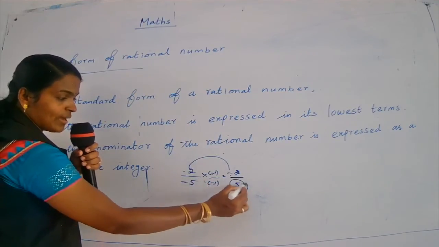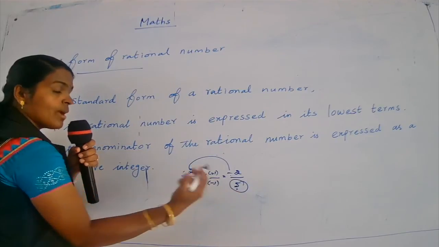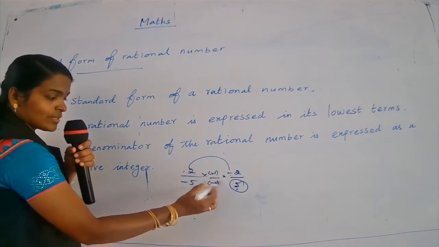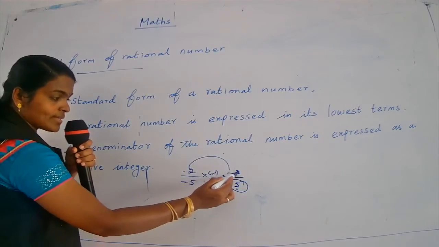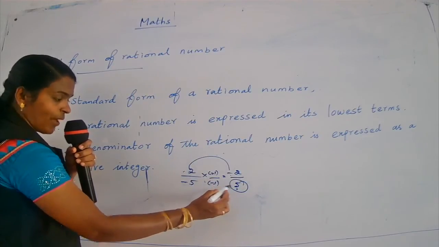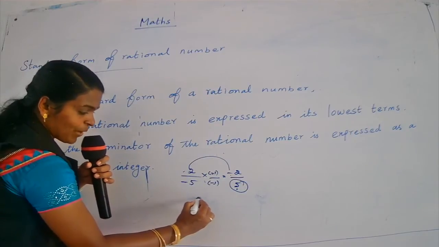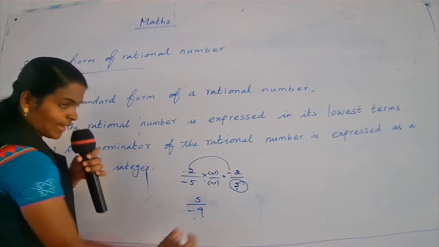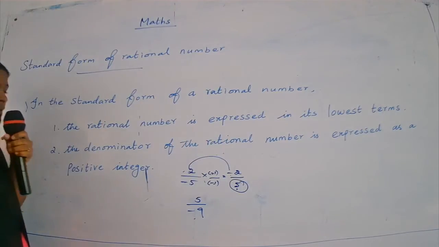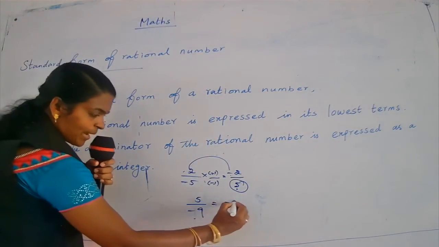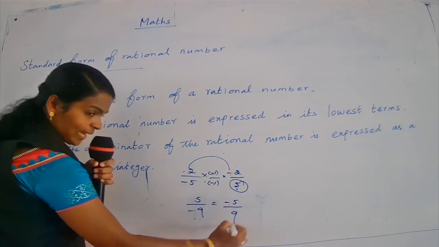Here you see the denominator has to be positive. So your answer is minus 2 upon 5. Similarly, another example: 5 upon minus 9 can be written as minus 5 upon 9.